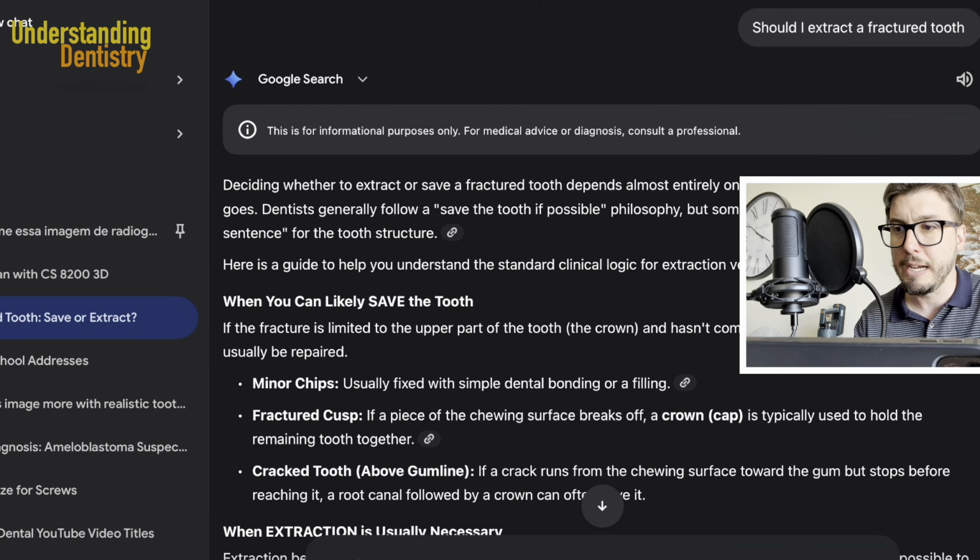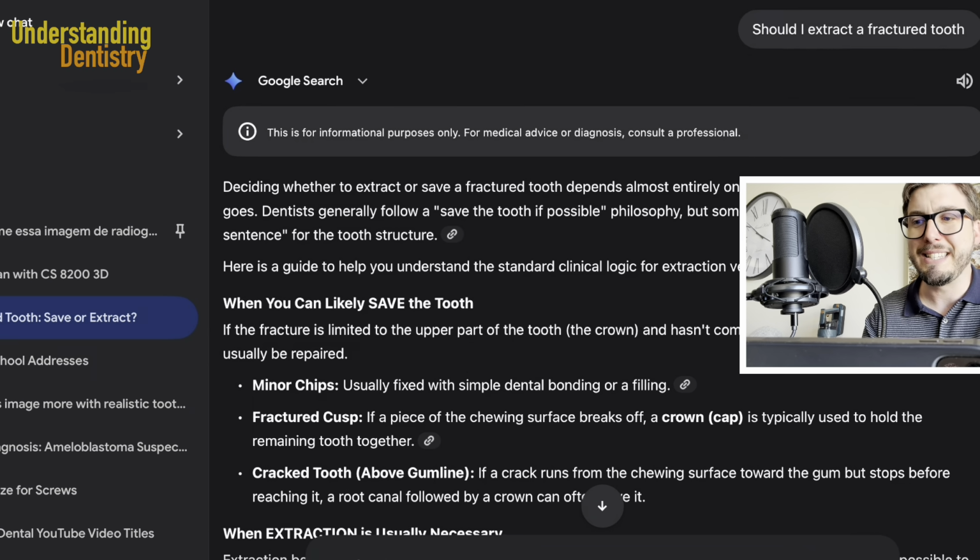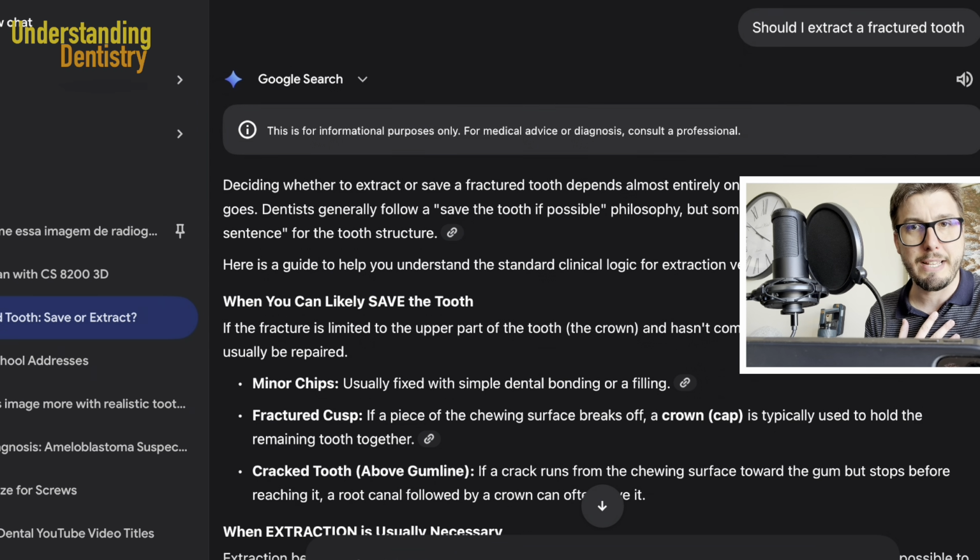You have the answer now. This is my prompt, and this is the answer. So we can see that even though I said, should I extract, which implies that I am the dentist, the answer is coming to a patient, you see?